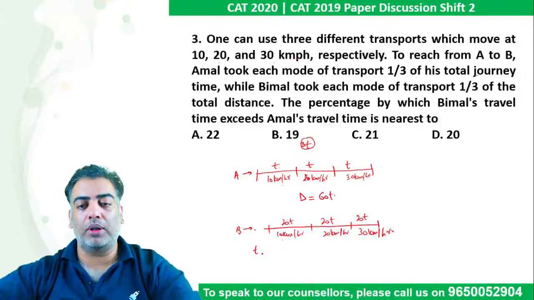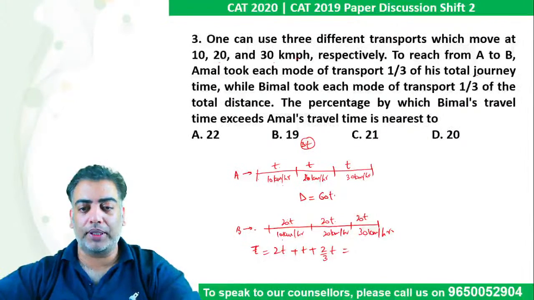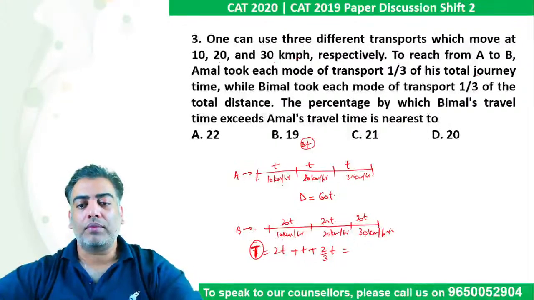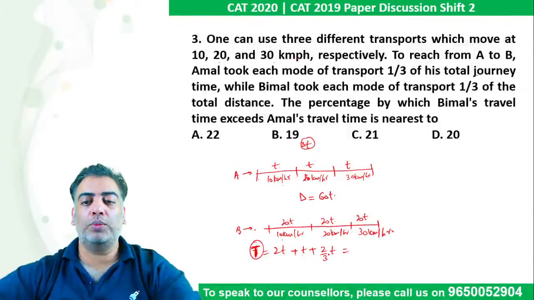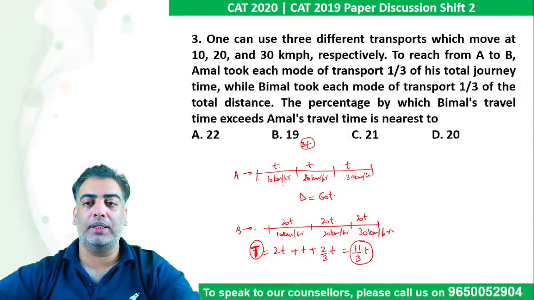So 20t upon 10 comes out to be 2t, plus 20t upon 20 comes out to be t, 20t upon 30 comes out to be 2/3 t. So, rather I should write capital T here, the time taken by B, is 3t plus 2/3 t. So 3 3s are 9 plus 2, 11/3 t will be the total time taken by Bimal.